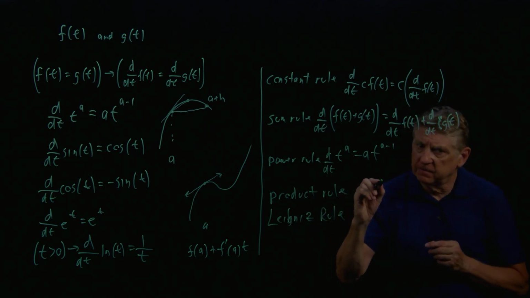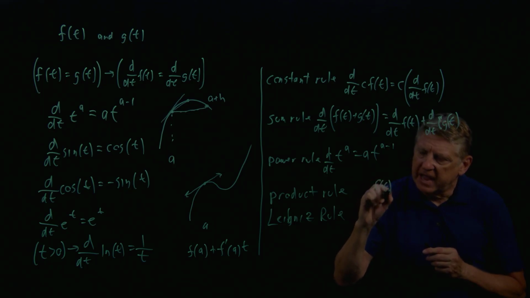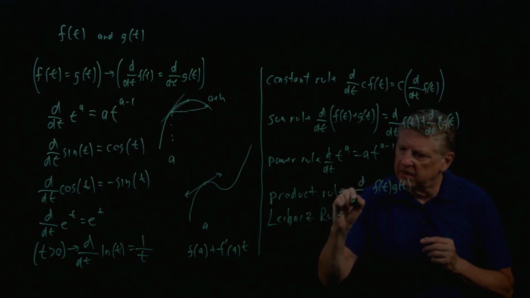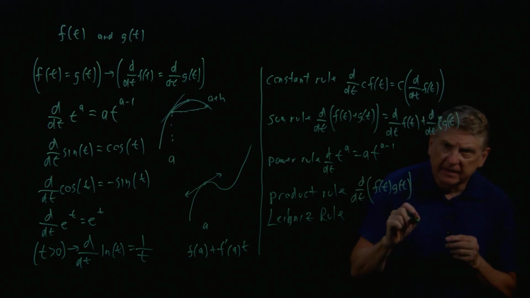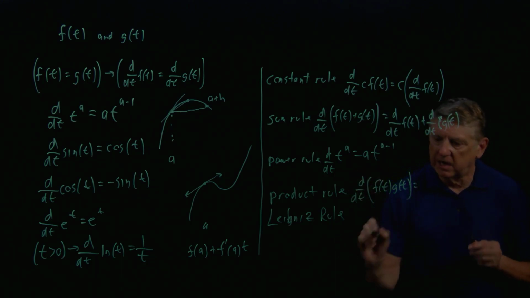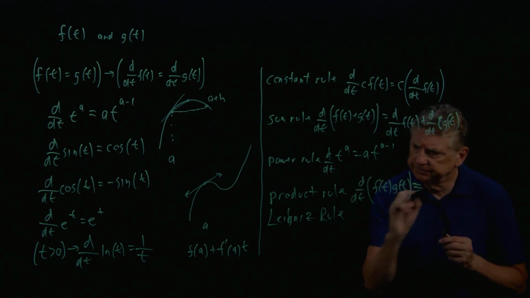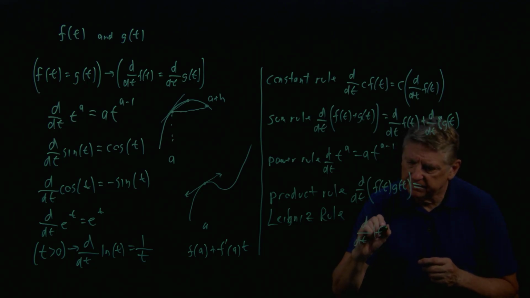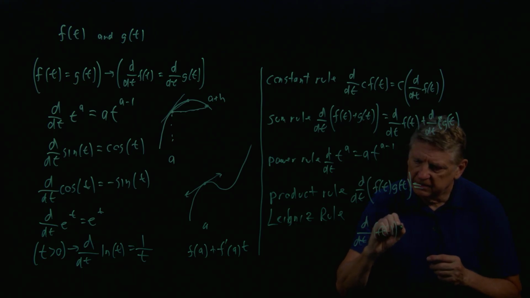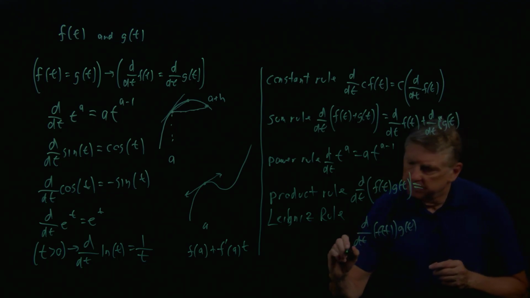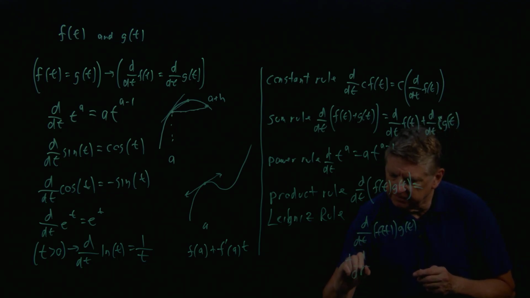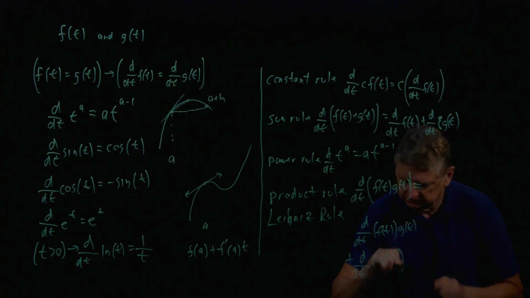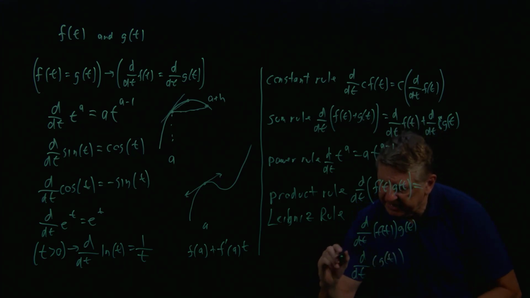So if we have a function f and a function g and we multiply them and take the derivative of that product, that equals the derivative of f times g plus the derivative of g pre-multiplied by f.